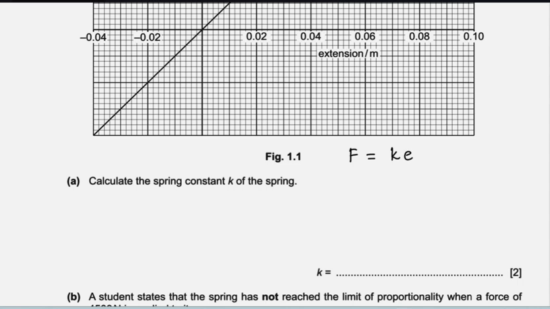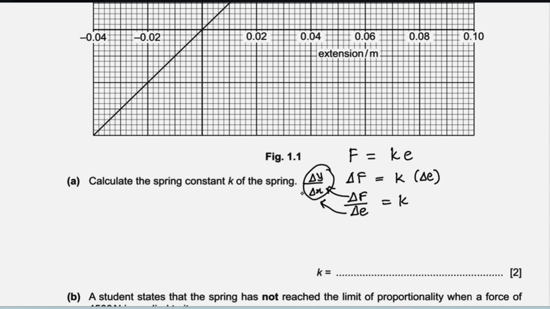E for extension, right? So in our case, if I put delta on F, delta F is equal to K delta E, which means K is equal to delta F over delta E. And delta F is actually change in the y-axis, and delta E is actually change in the x-axis.